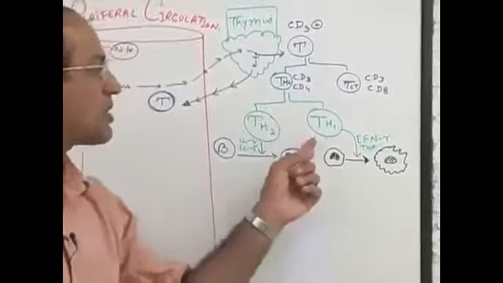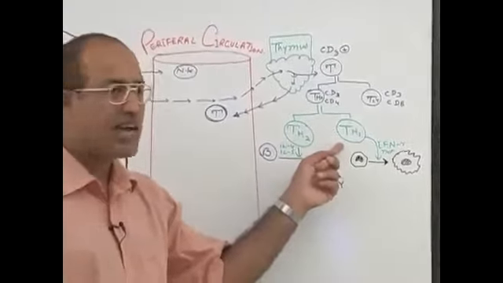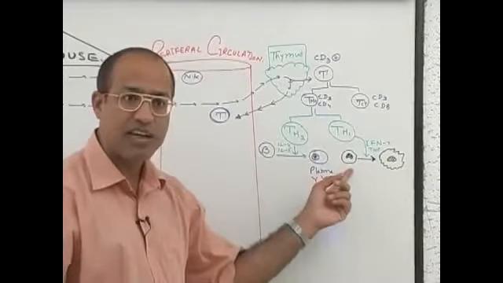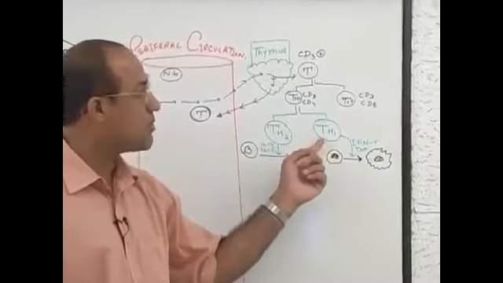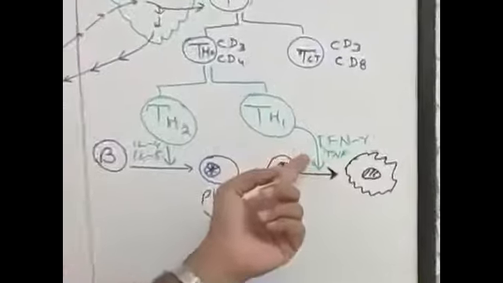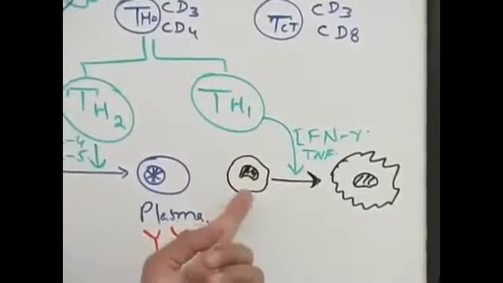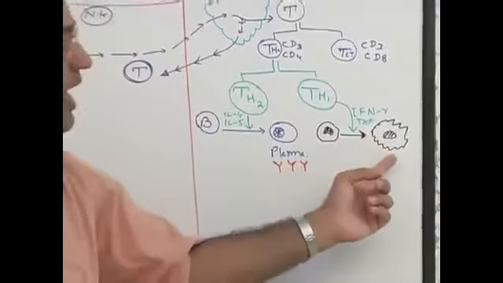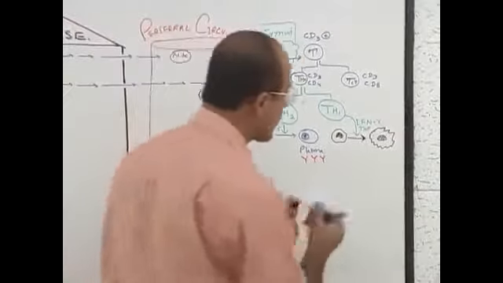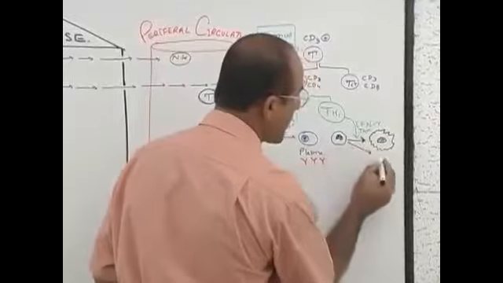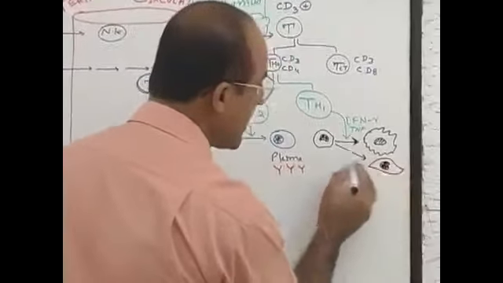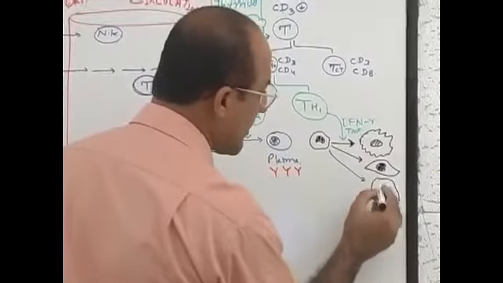Then we can talk about T helper 1 cells. They are not going to help the B cells. They are going to help the monocytes and macrophages. T helper 1 produce gamma interferon and tumor necrotic factor especially, and they act on the monocyte and convert the monocyte into active macrophages. Even they can convert the monocytes or macrophages into epithelioid cells, or they can convert them into giant cells.